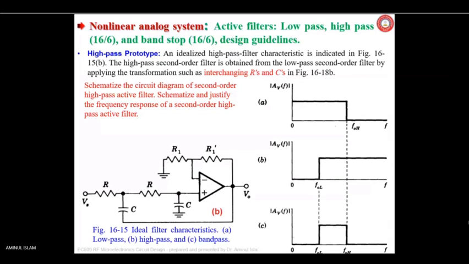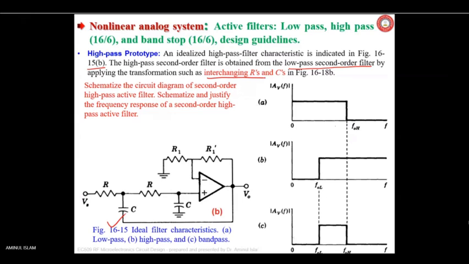Now, the high pass prototype and idealized high pass filter characteristic are indicated in this figure. The high pass second order filter is obtained from the low pass second order filter by applying a transformation.